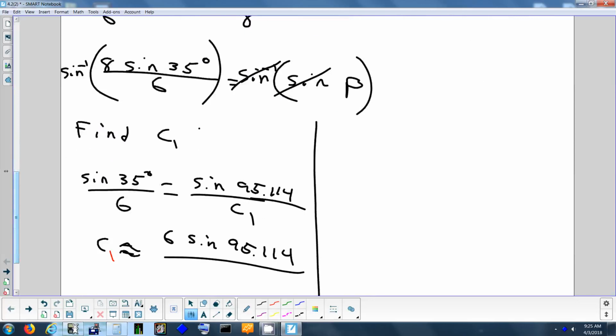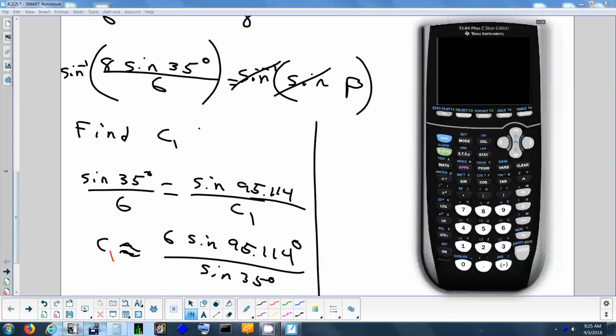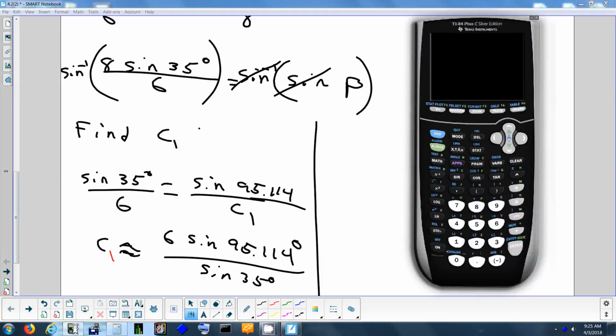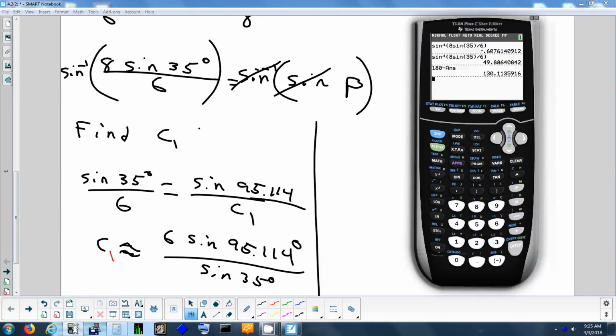Okay, so we get 6 sine 95 over sine 35. Let's plug that in, I'll see what I get, and then I'll tell you what I would accept on the test. All right, so we get 6 sine 95.114 divided by sine 35.